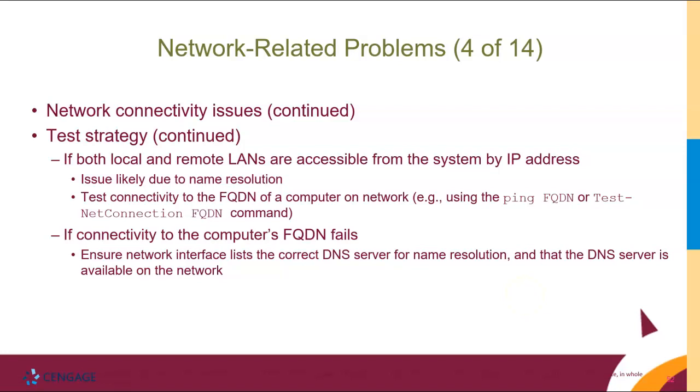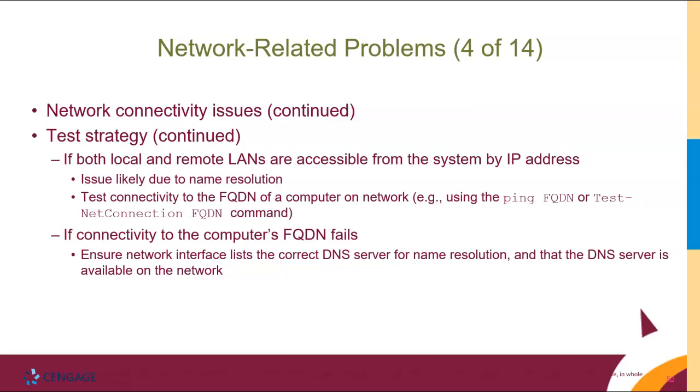So continued, if both the local and remote LANs are accessible from the system by IP address, the issue is likely due to name resolution, so a DNS problem. So you test connectivity to the fully qualified domain name of a computer on the network. So you do ping and then, whatever your computer is, .TEC330.local.